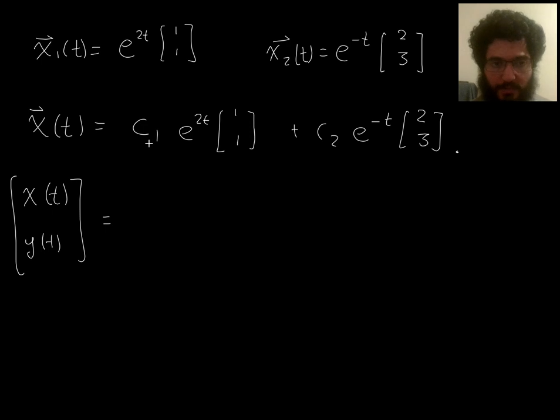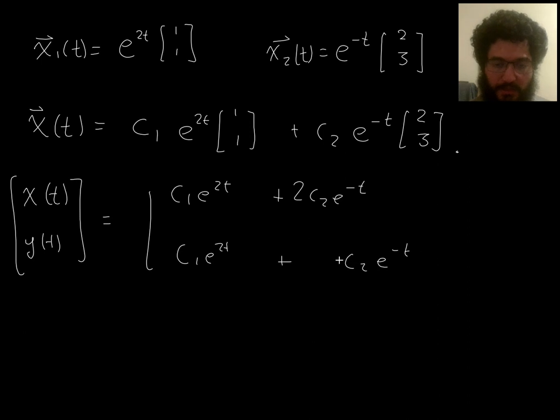If I just carry it out, stick the scalars inside, actually carry out the scaling, and add the vectors, it just adds the components, then you're looking at c1 e to the 2t times 1 plus c2 e to the minus t times 2, and then c1 e to the 2t times 1 plus c2 e to the minus t times 3.